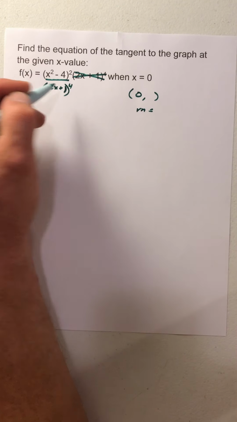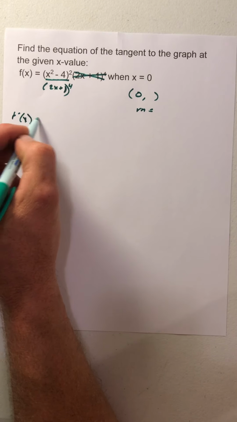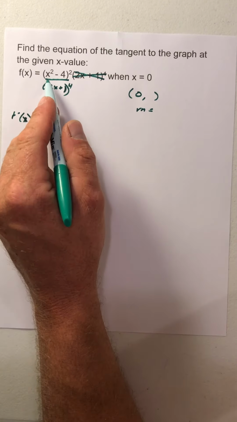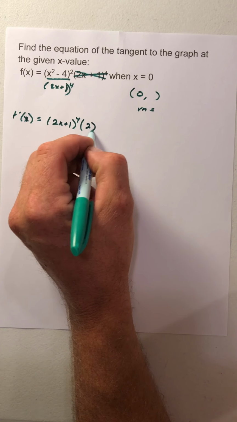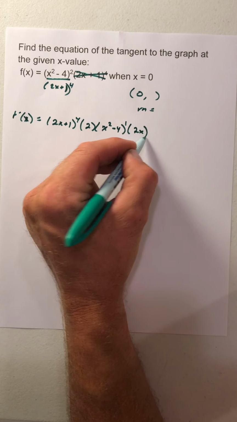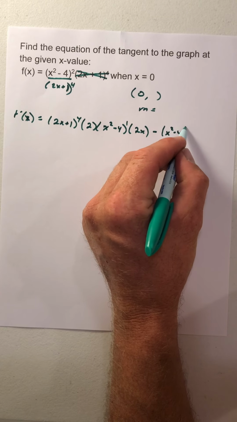So let's go ahead and find our derivative. So the derivative here, we're going to use quotient rule: low, 2x plus 1 to the 4th. Derivative of the top, the high, we have 2 times x squared minus 4 to the 1st times 2x, minus high, x squared minus 4 squared.